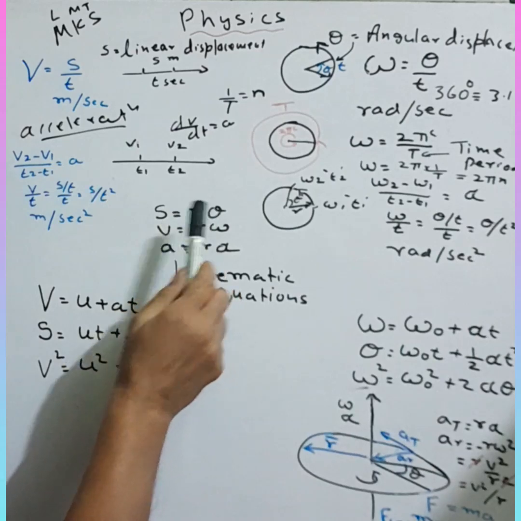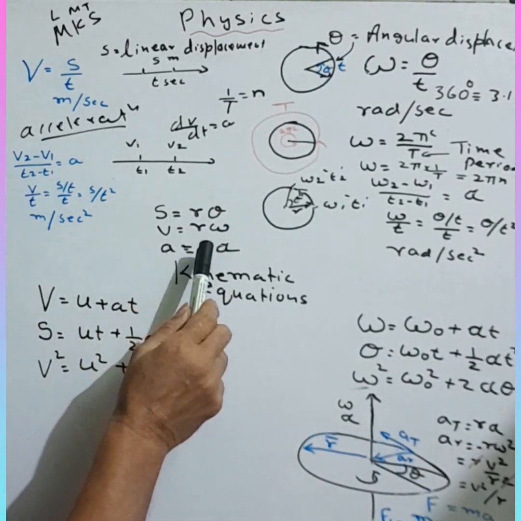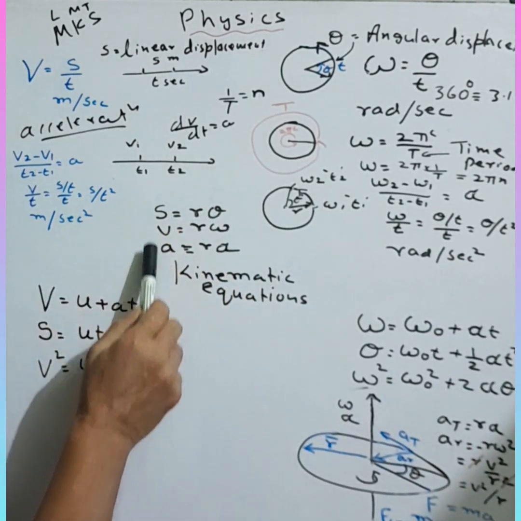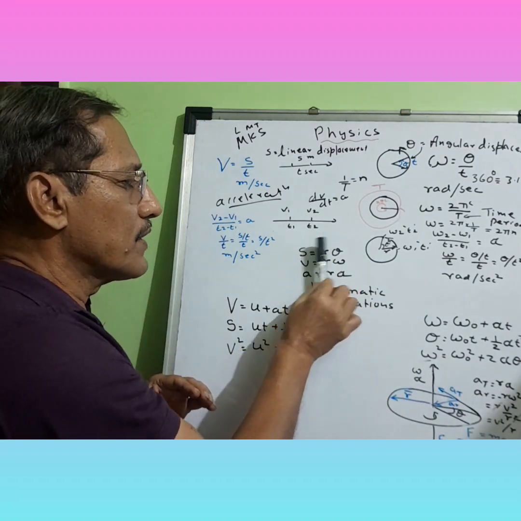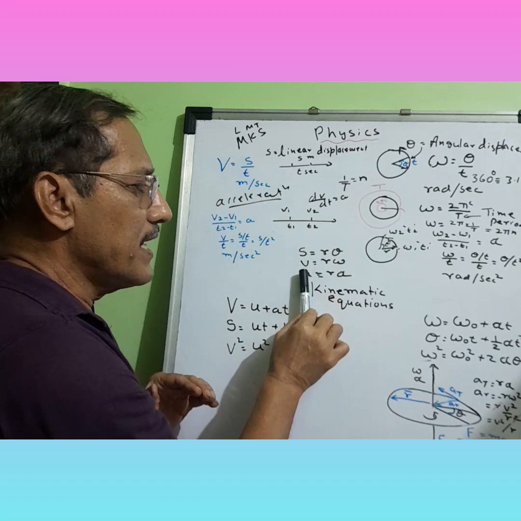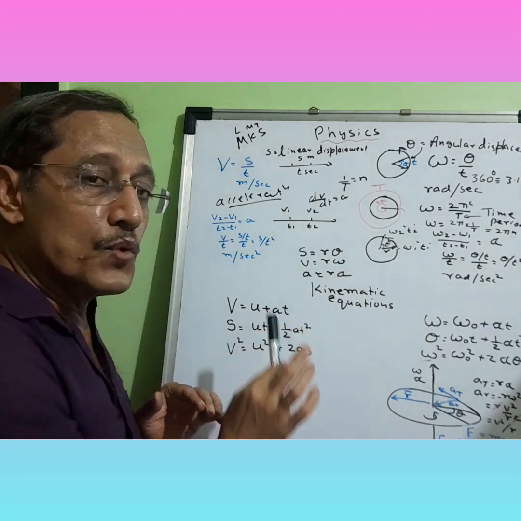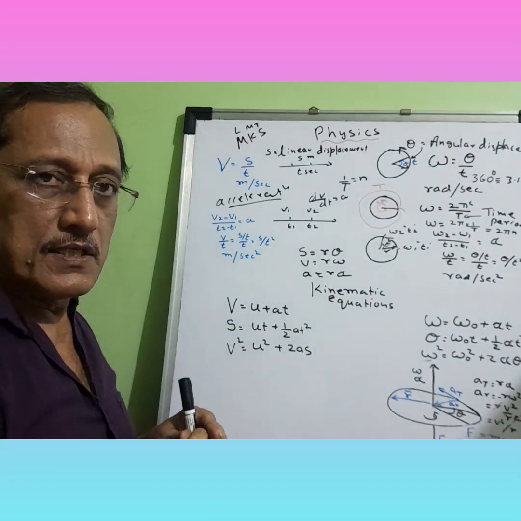S is equal to r theta, v is equal to r omega, and a is equal to r alpha. These are all rotational and these are all linear. Easy to keep in mind: we know s is theta, v is omega, a is alpha, just multiply with r, and that becomes the conversion factor from linear to rotational motion.